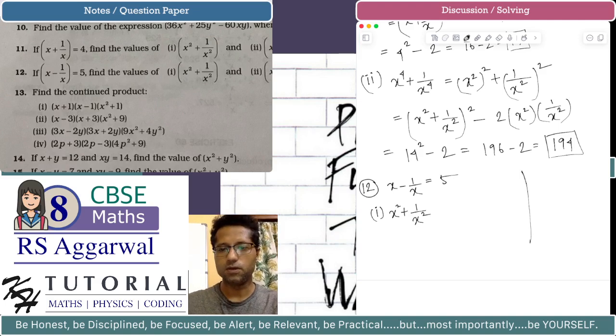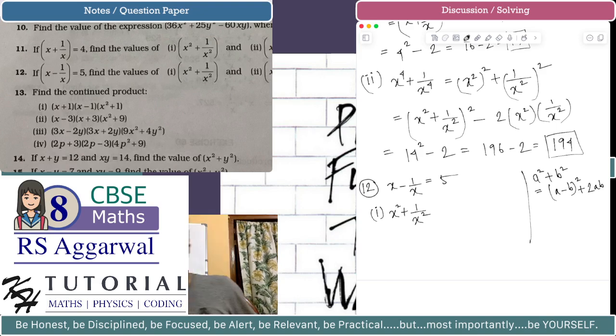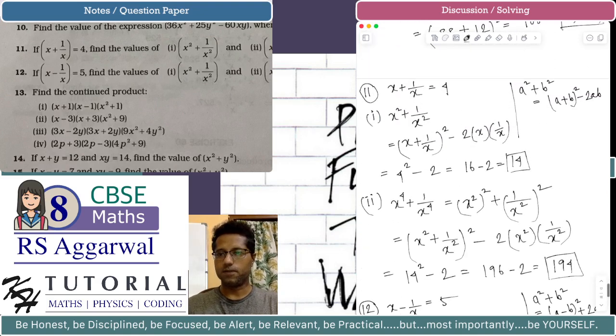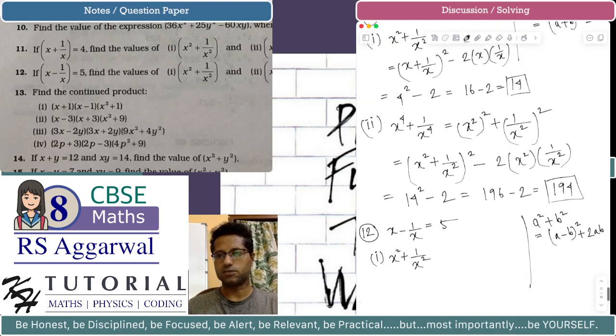Now, another formula of a square plus b square is equal to a minus b whole square plus twice ab. So a square plus b square, you can express as a plus b whole square minus twice ab, or a minus b whole square plus twice ab.